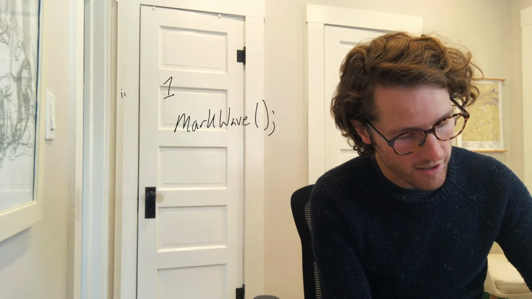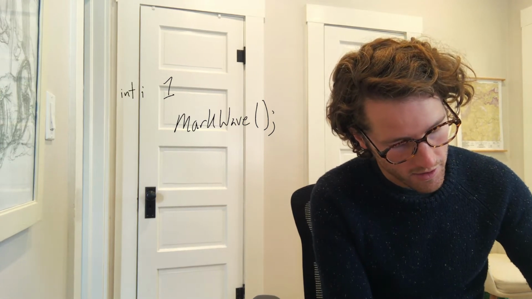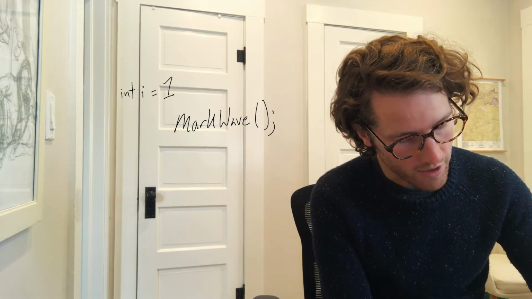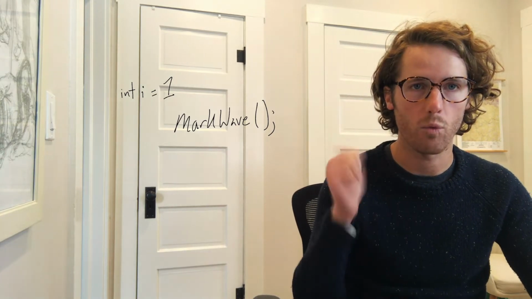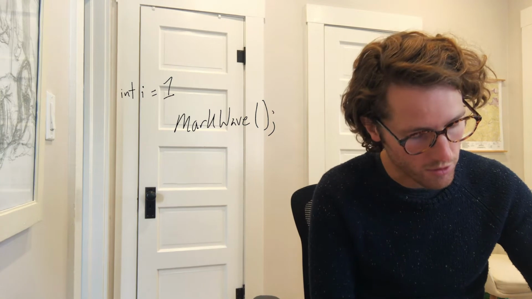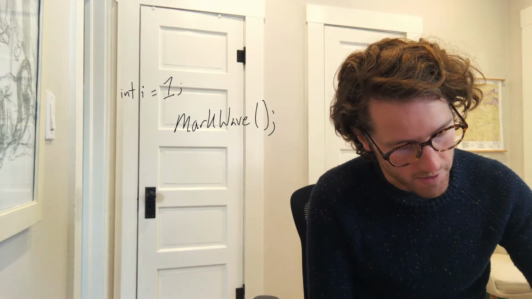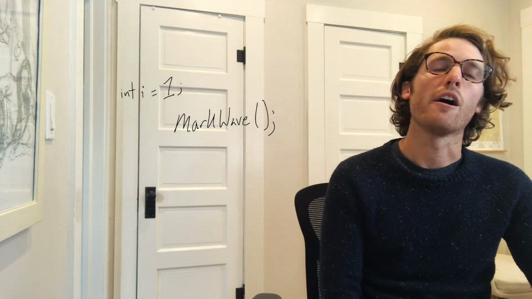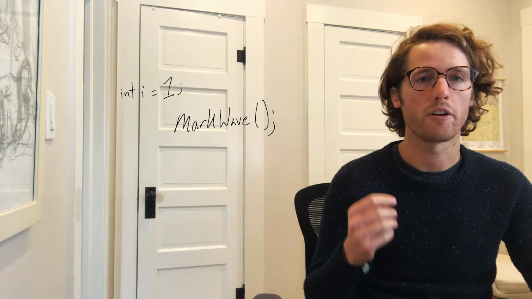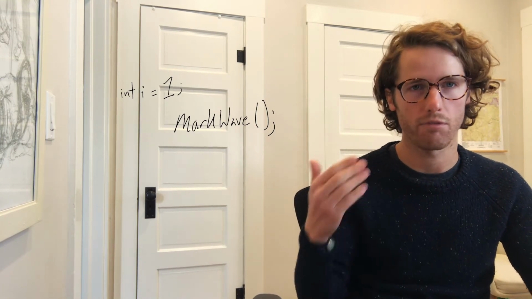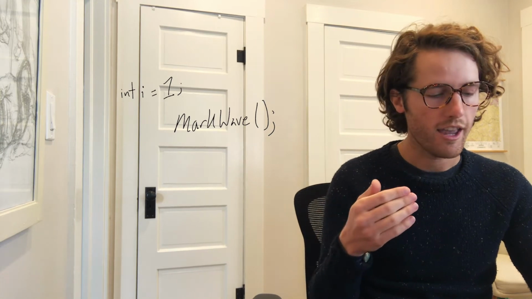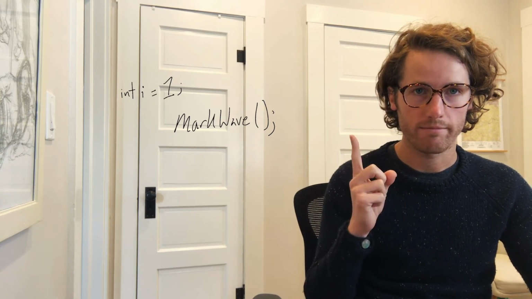So we're going to say int i, and we're going to say that it equals 1. So we're going to start counting at 1. Okay, cool. And then we put a semicolon. All right, so we know now that we have a variable called i, an integer i, that's going to be keeping track of what count we're on. And we know that we're going to start it at 1.